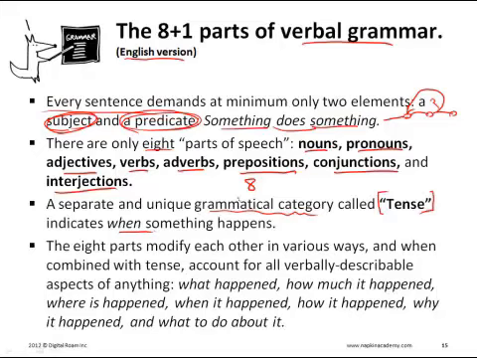So what this means is that these 8 parts plus tense combine in fascinating ways to deliver every message that has ever been spoken to us. Any idea that has ever been sung, written, put in a poem, recited, or stated in a speech is based on nothing more than these 8 pieces combined with tense.